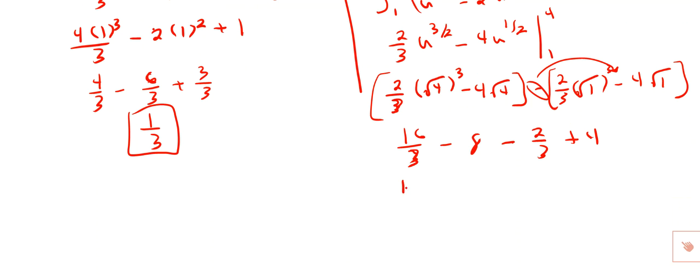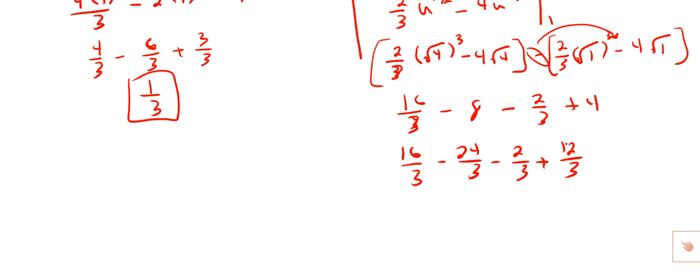So we have 16/3 minus 24/3 minus 2/3 plus 12/3. And that all, 16 minus 24 is negative 8. Negative 8 minus 2 is negative 10. Negative 10 plus 12 simplifies to be 2/3.